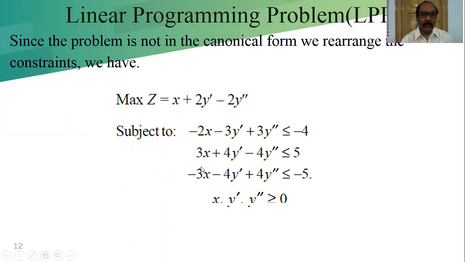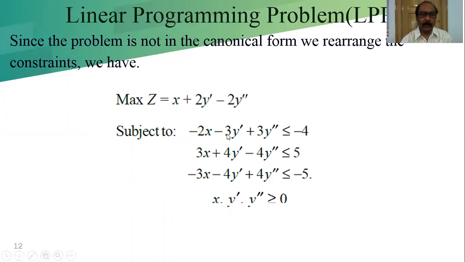And the first constraint will be minus 2w1 plus 3w2 dash minus 3w2 double dash. This is the new minimization problem, so this will be greater than equal to 1.